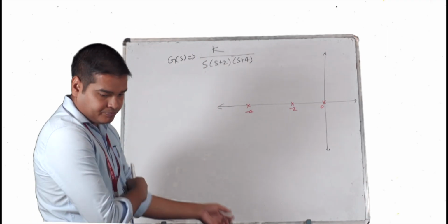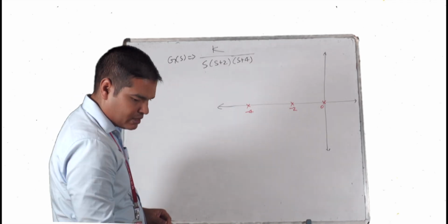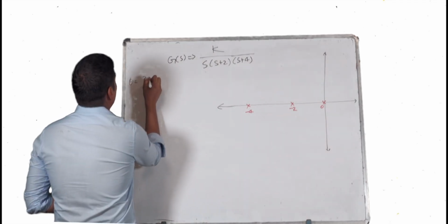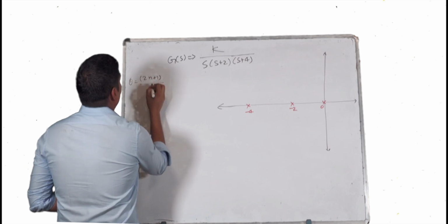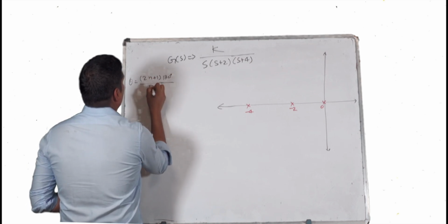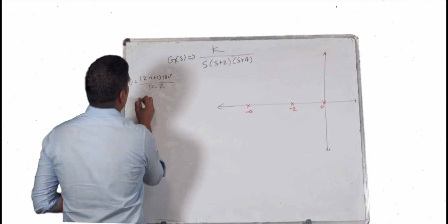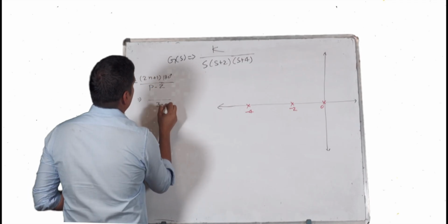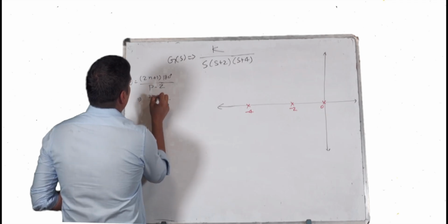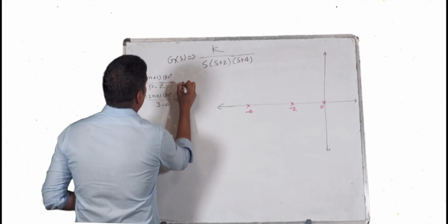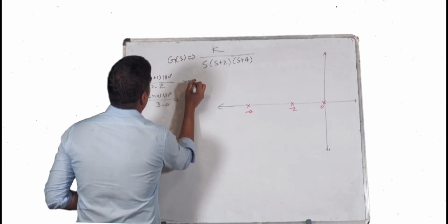So again we will calculate the angle of asymptotes, that is theta equals (2n plus 1) times 180 divided by (p minus z). So now p, the total number of poles, is 3 and zeros are 0 only. So n is going to vary from 0, 1 and 2.